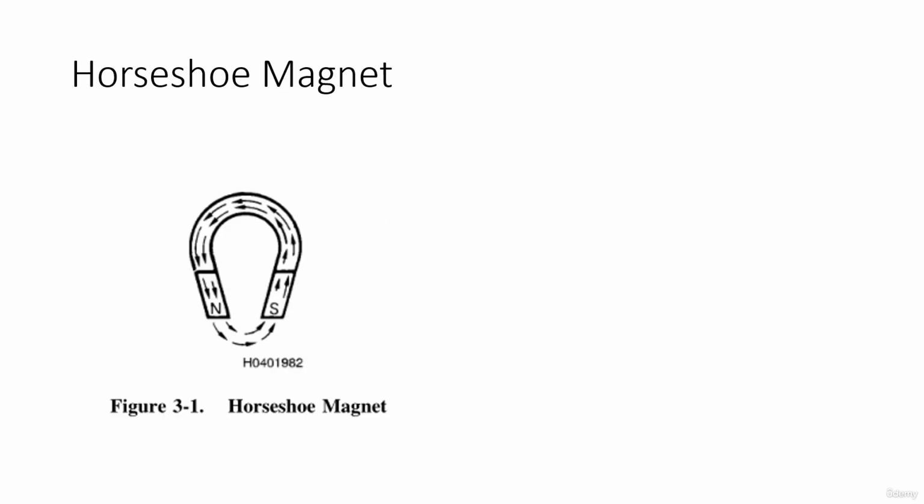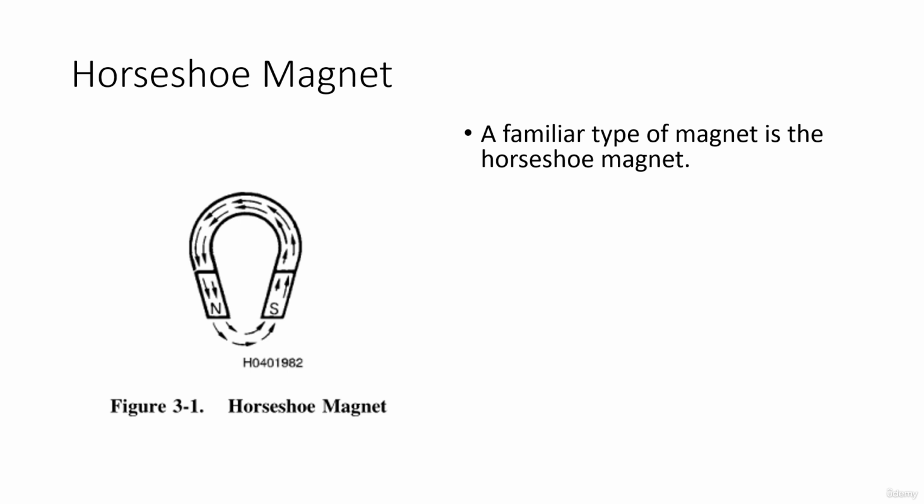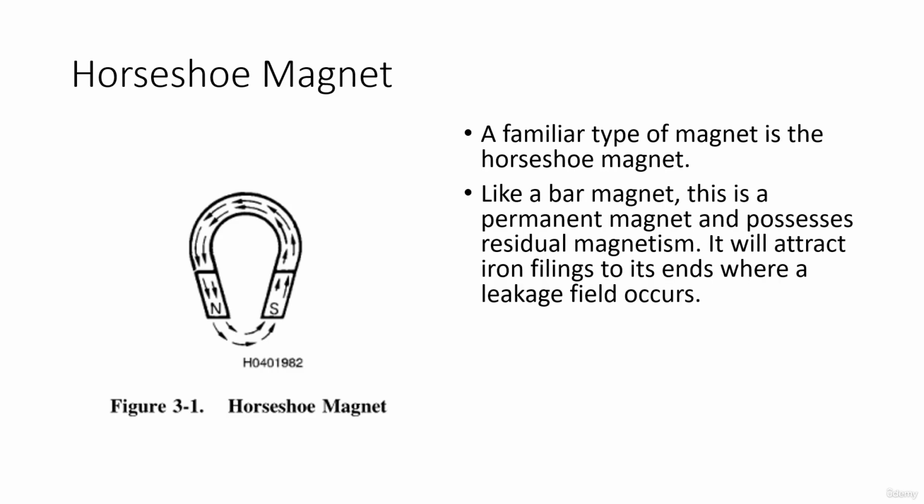When we have a horseshoe magnet, a little theory here, you can see that we've got our magnetic field flowing in one side and out the other, on the north and the south, right? Like a bar magnet, it's a permanent magnet, and it's going to have residual magnetism, and it's going to attract iron filings to the ends where the leakage field occurs.